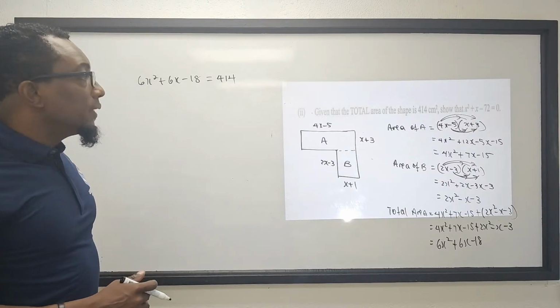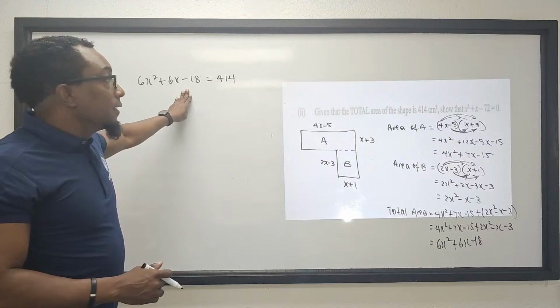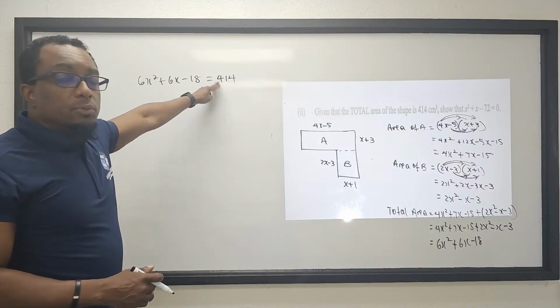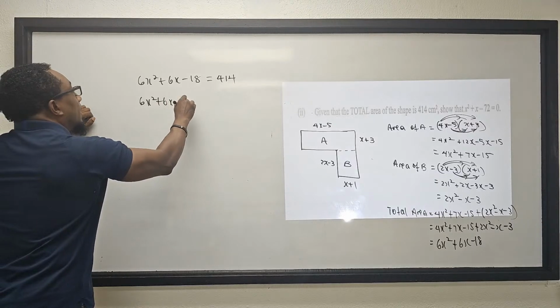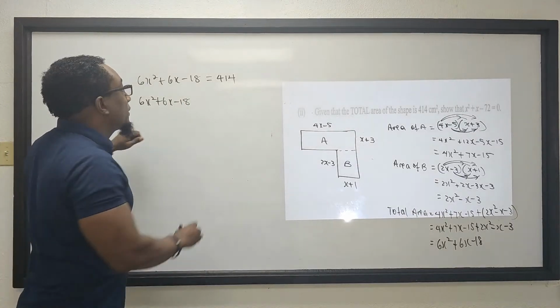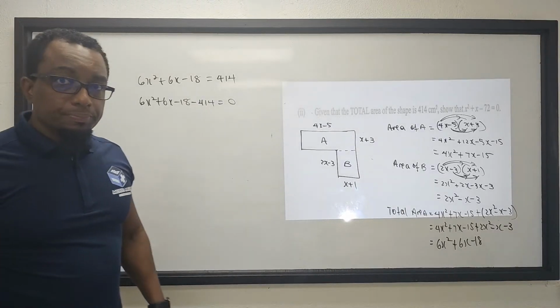And what we're going to do is to take our 414, this is a quadratic equation. So I'm going to take my 414, bring it over on the left, and of course, I'm going to have my quadratic expression now equal to 0.